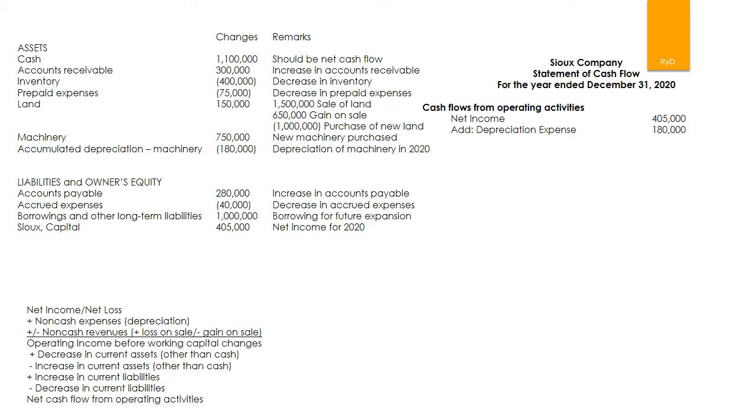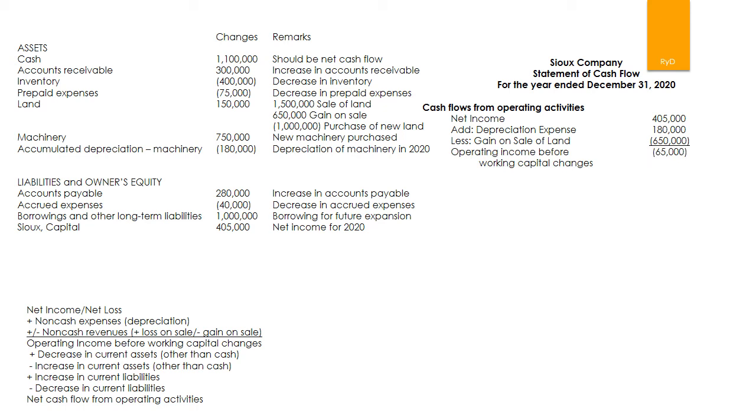Then we add or deduct our non-cash revenue, which is based on loss on sale or gain on sale. We have a gain on sale of land at 650,000. Since this is a gain, we deduct it here. So, less gain on sale of land.